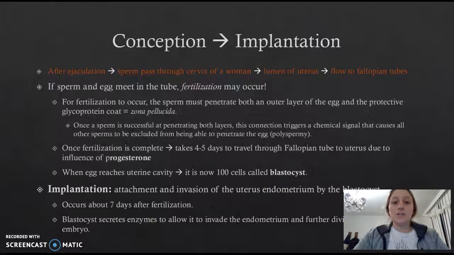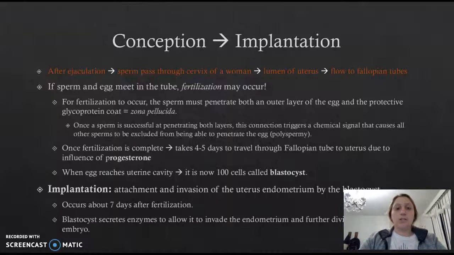Fertilization is complete. It takes about 4 to 5 days for it to travel through the fallopian tubes to the uterus, and this is due to the influence of progesterone. It triggers the smooth muscle of the tube to relax, which causes it to take a slightly longer time to flow through the tube. When the egg reaches the uterine cavity, it's now about 100 cells, called a blastocyst.